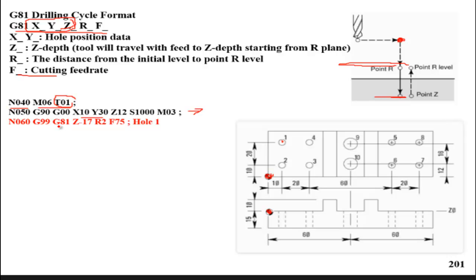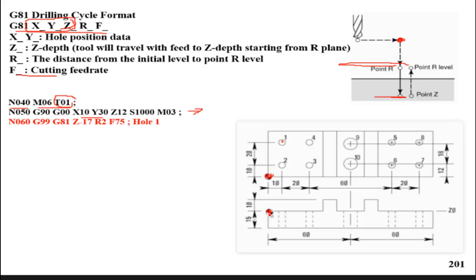And G81 is the canned cycle, which will do that routine. When Z comes after G81, it means the final depth of the tool during cutting. So Z is minus 17.